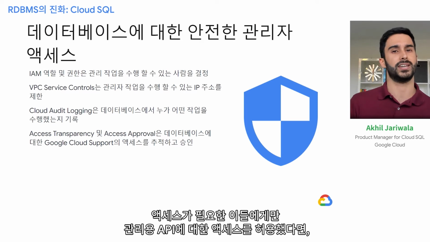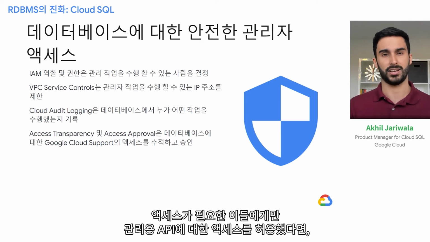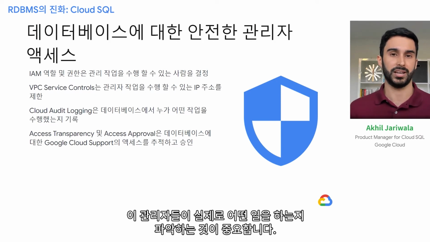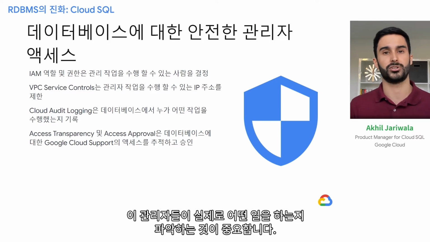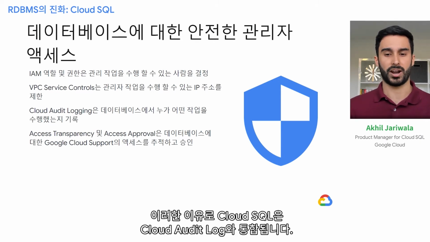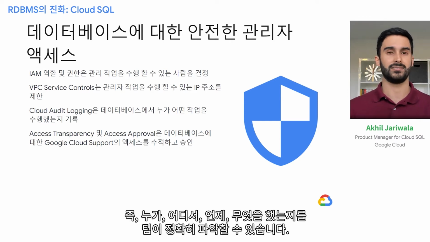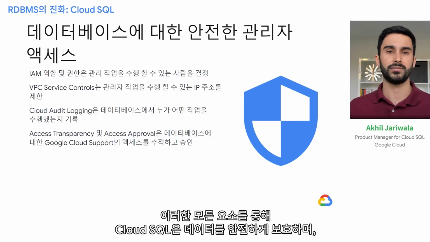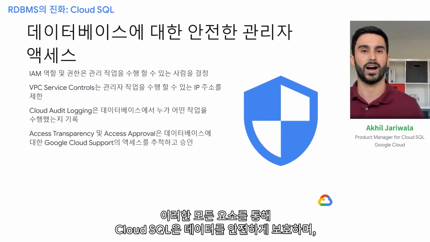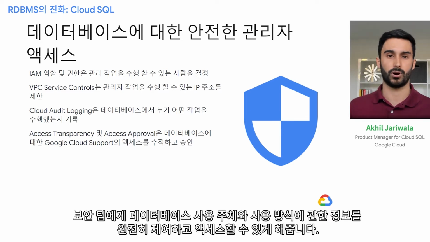So once you've restricted access to the admin API to only those who need it, it's still important to have visibility into what those administrators are actually doing. Cloud SQL integrates with Cloud Audit Logs for this reason, so that teams know exactly who did what, where, and when. Altogether, Cloud SQL keeps data secure and provides security teams with full control and access to information about who is using the database and how they are using it.